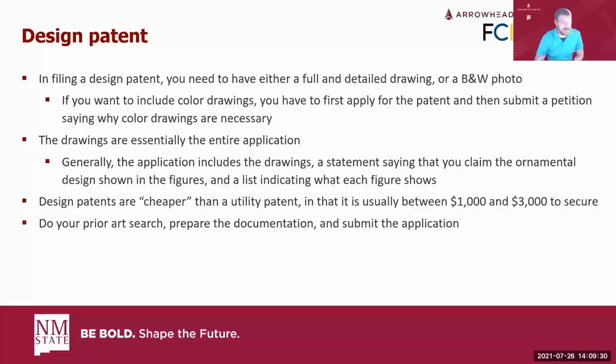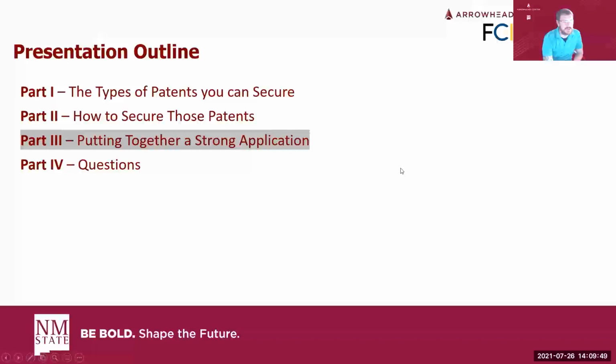Remember, it can't be functional. That is the sum total of your application. That's all you have to submit. Because of that, design patents are typically a little bit cheaper than other patents, and a utility patent, again, can be very expensive. But that's the basics of what goes into that application.